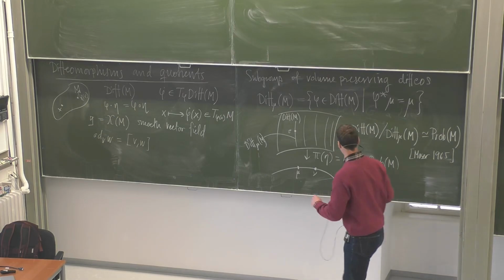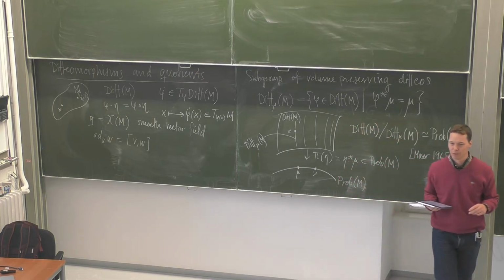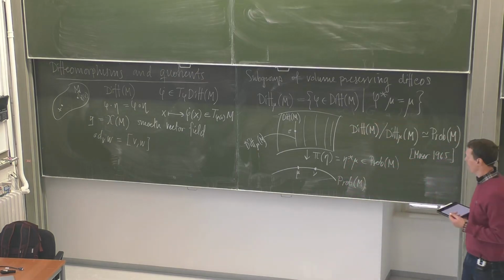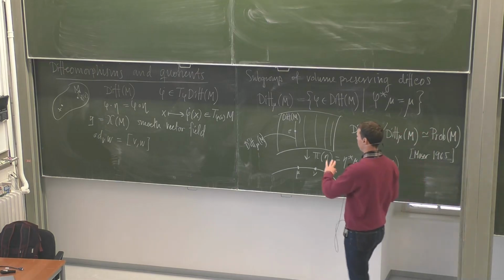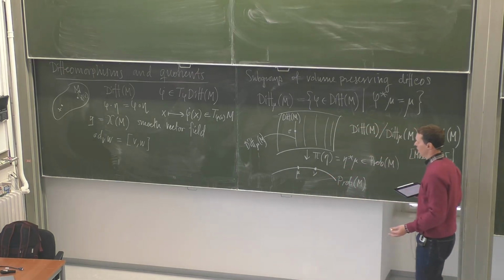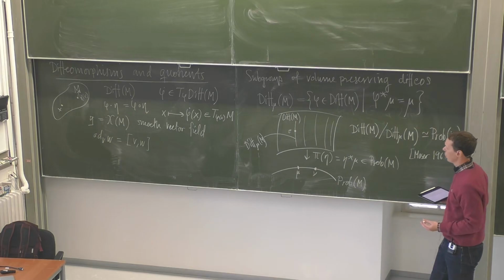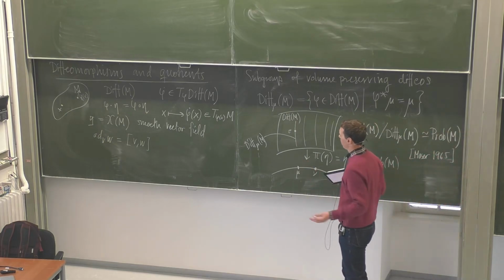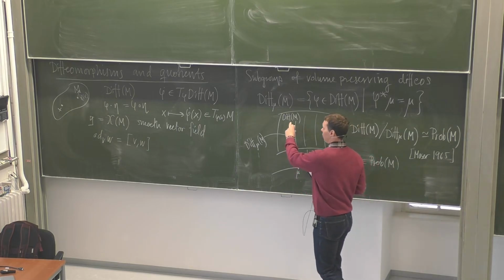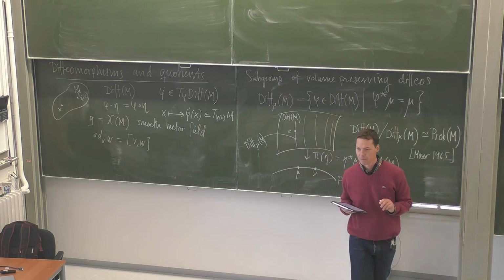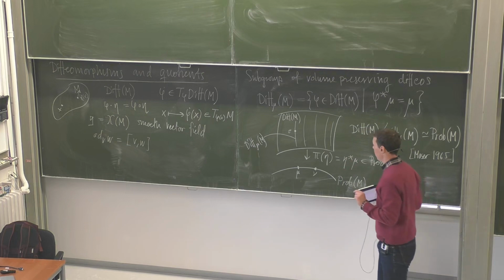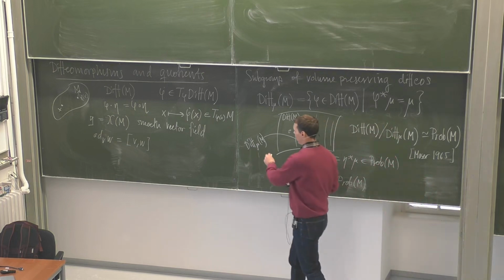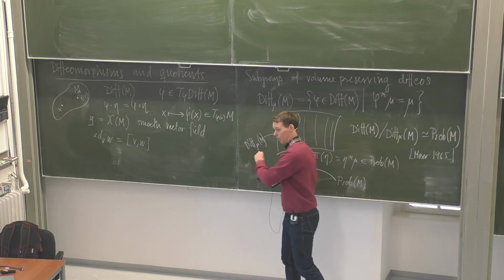And maybe I should say something about this choice here of pullback and push forward. Because what we want to do now, which will be kind of the central theme here, is that we want to induce various metrics on Diff(M). Okay? We want to induce a metric which is such that it's invariant under the action of this subgroup.